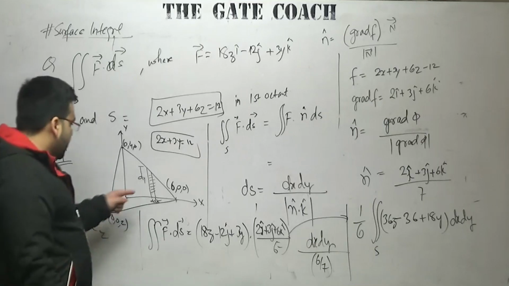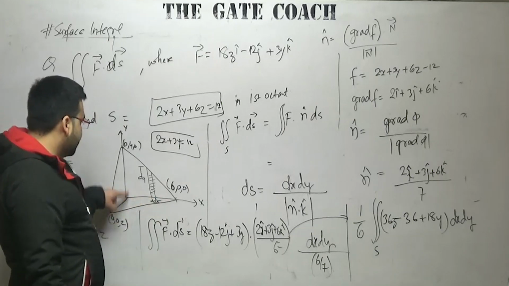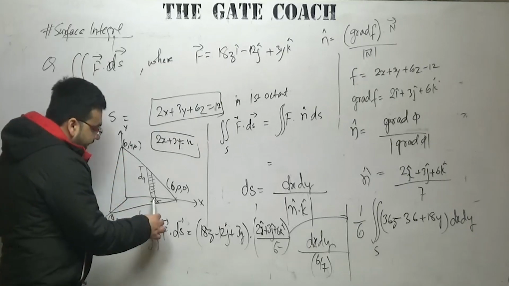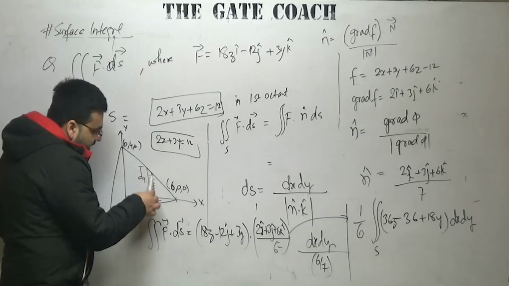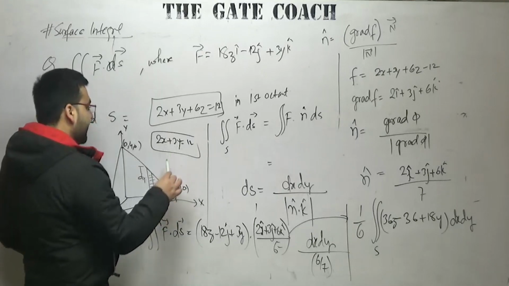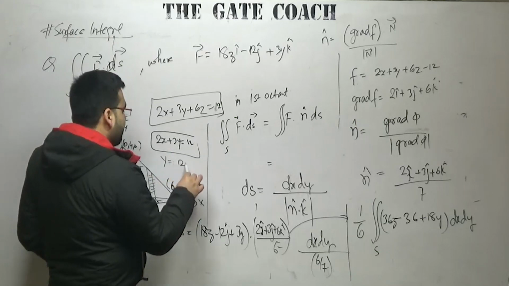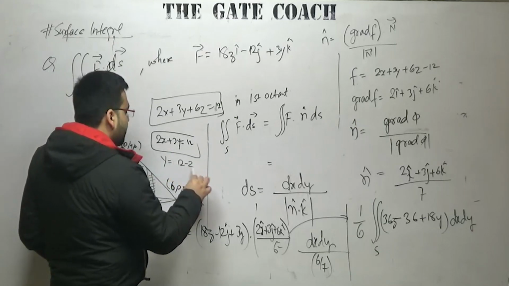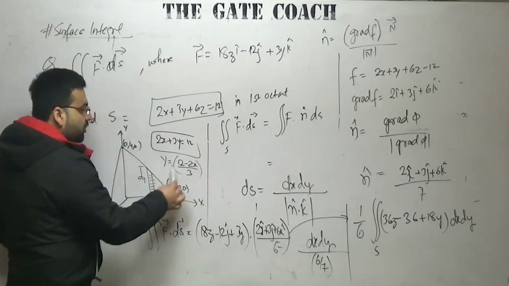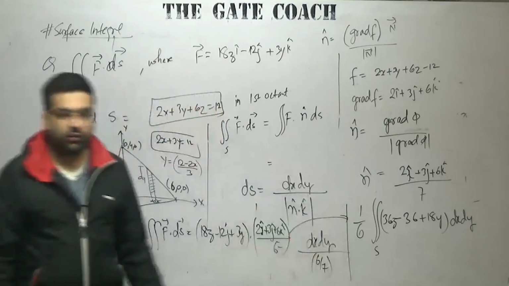Now, x is going from 0 to 6. Y is going from 0 to 4? Not 0 to 4. Y is going from 0 to this line. Now, what is this line? If you put z equal to 0, this line is y is equal to 12 minus 2x divided by 3. So y is going from 0 to this line, that is 12 minus 2x divided by 3, and with the help of that you can solve this equation very easily.